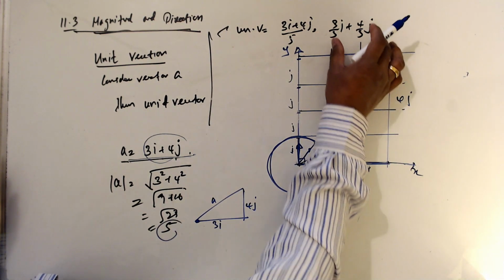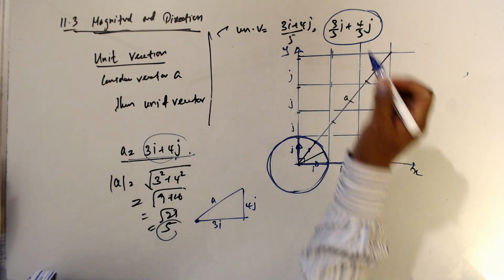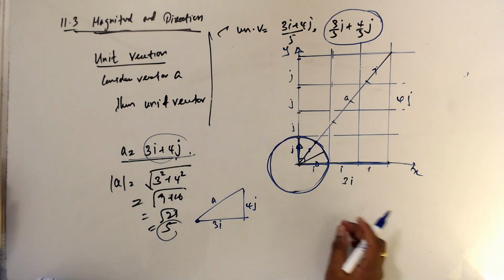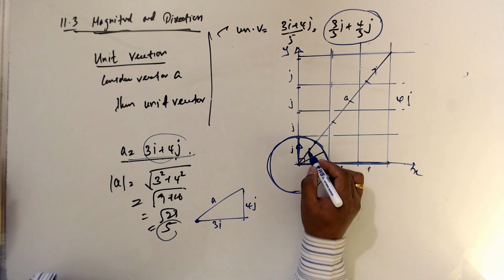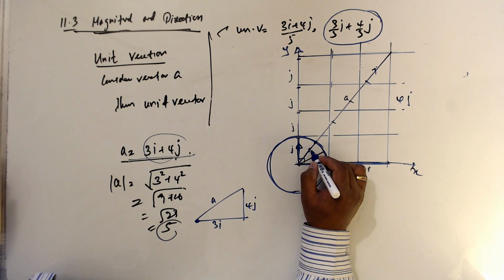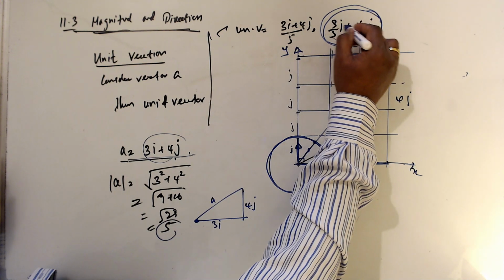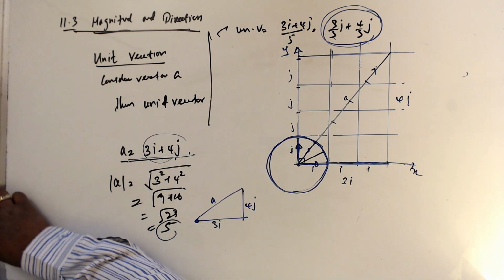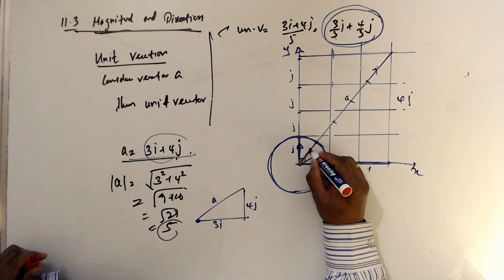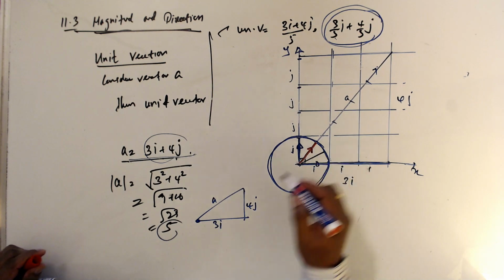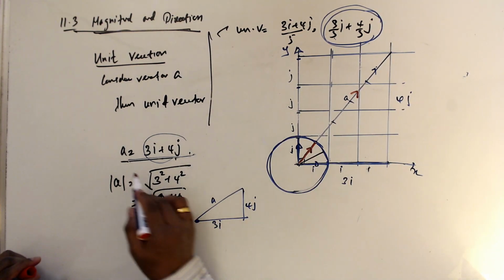Now we found the unit vector. So what is the size of the unit vector? 1. Now you can see this is the size of the unit vector. So 3 over 5 i plus 4 over 5 j is the vector. So this is that unit vector for this direction. Which direction? A direction.